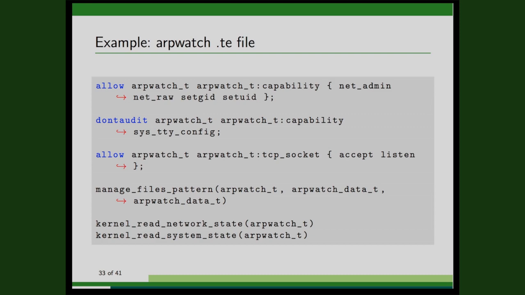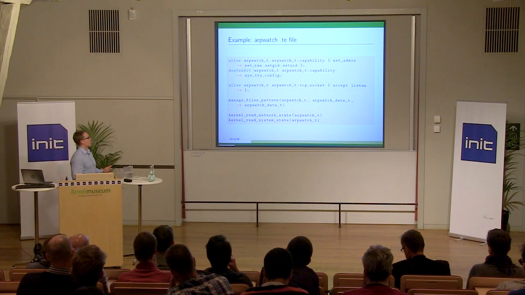And with that, we specify that our type needs to access that information, but we don't need to know the details about how this is done. So this is part of the TE file. As you can see, there will be a lot of rules for at least a little bit more complex processes. But what's still missing is how we get those types to work with.